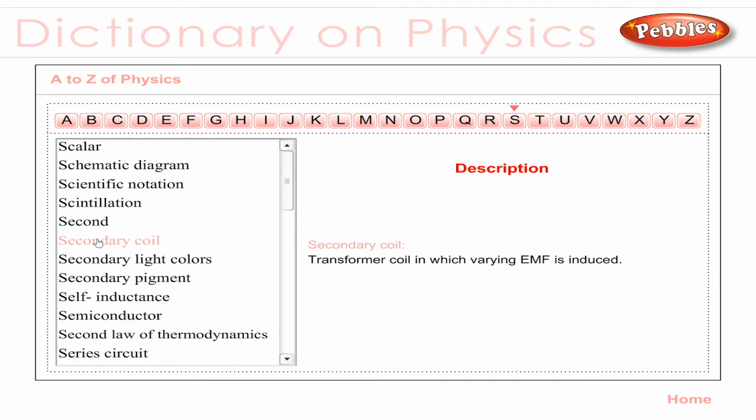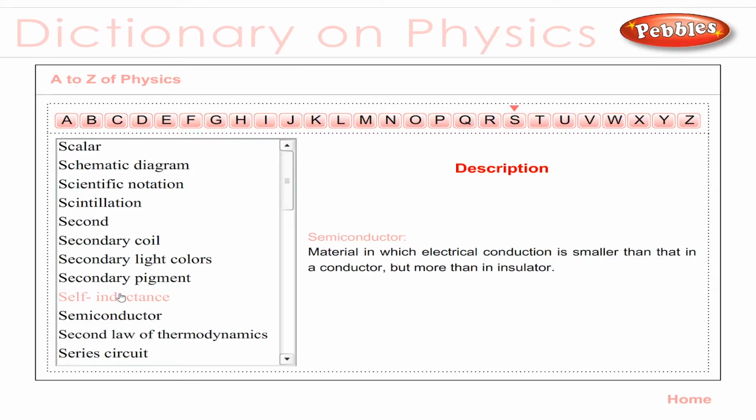Secondary coil. Transformer coil in which varying EMF is induced. Secondary light colors: yellow, cyan or magenta light. Secondary pigment: red, green or blue pigment. Self-inductance: induced EMF produced in a coil by changing current.